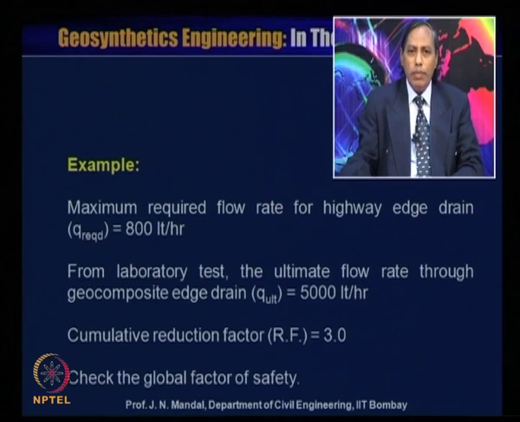Suppose the maximum required flow rate for a highway edge drain, Q required, is 800 liter per hour, and from the laboratory test the ultimate flow rate through the geocomposite edge drain, Q ultimate, is equal to 5000 liter per hour, and assume the cumulative reduction factor RF is equal to 3. You have to check the global factor of safety.